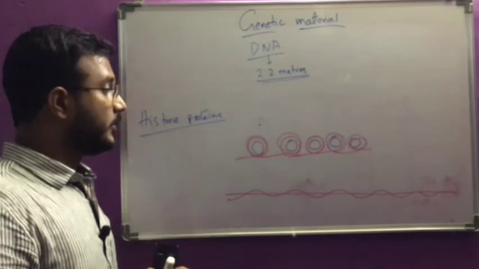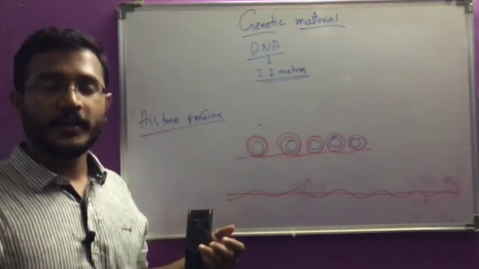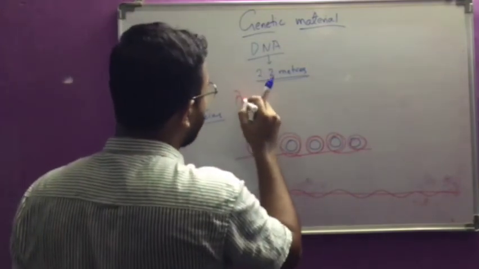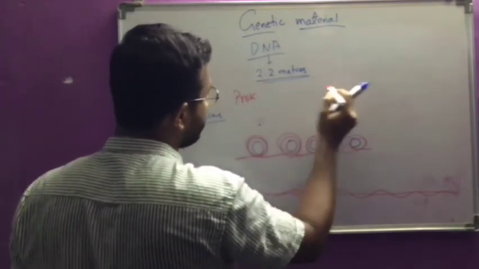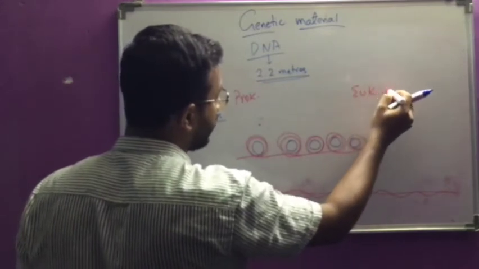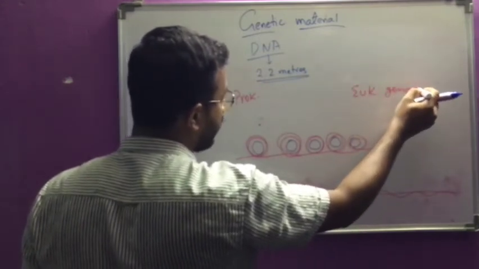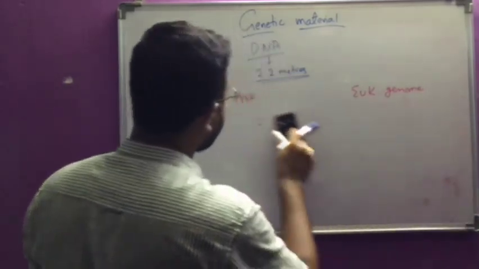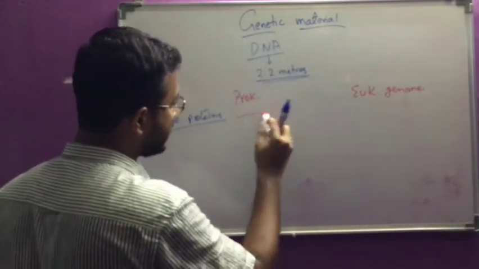Like this. So why I am discussing this here is the difference between the prokaryotic genome and eukaryotic genome. Here in prokaryotes, this is the cell.